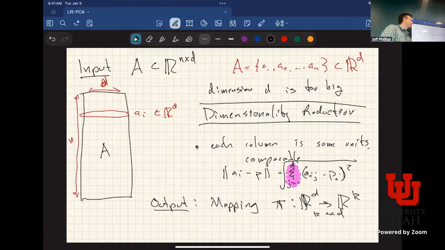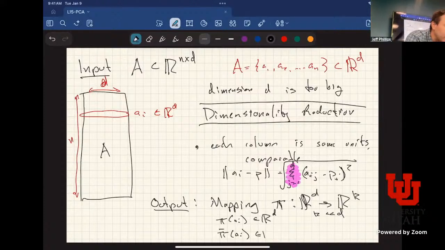So I'm going to go down to a lower dimensional space, and I'll state later what we want to optimize in the choice of this mapping. There are going to be two versions of this. Pi of a data point is going to be an element, a little confusingly, still in d-dimensional space, but we'll also talk about a pi bar, which is going to be an element in k-dimensional space.